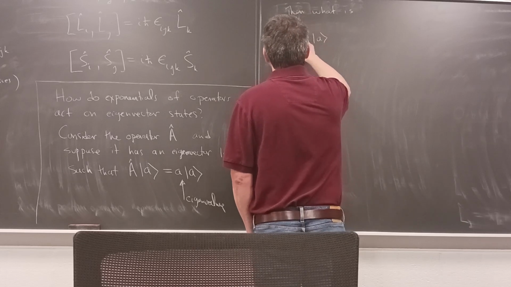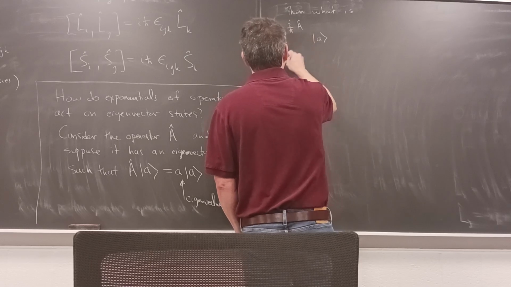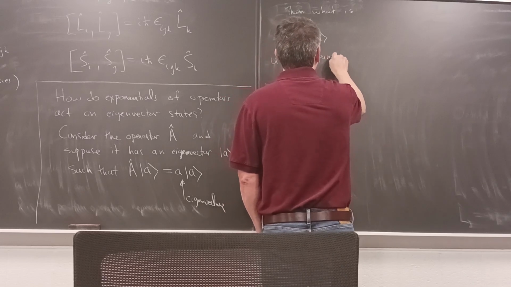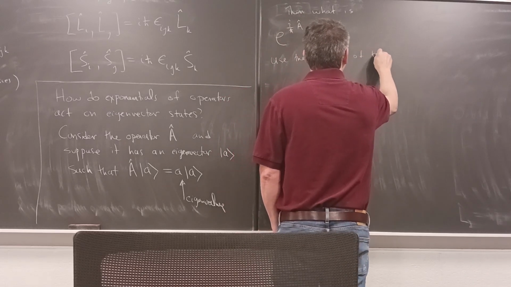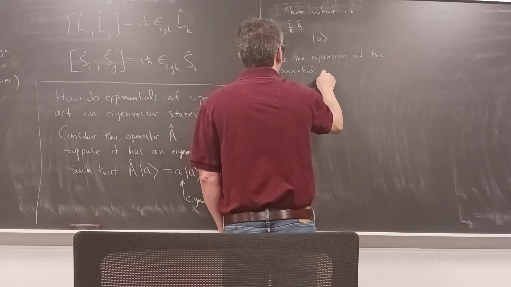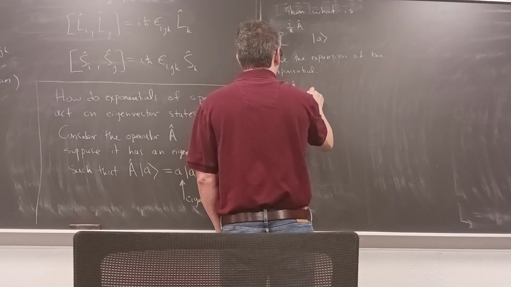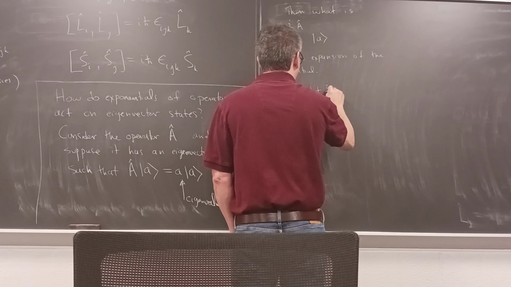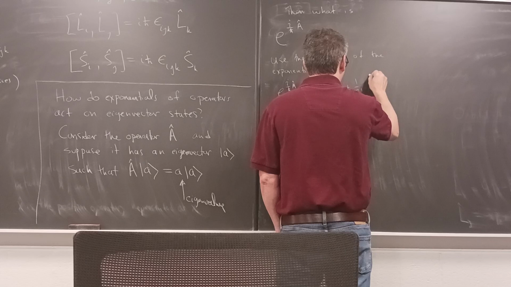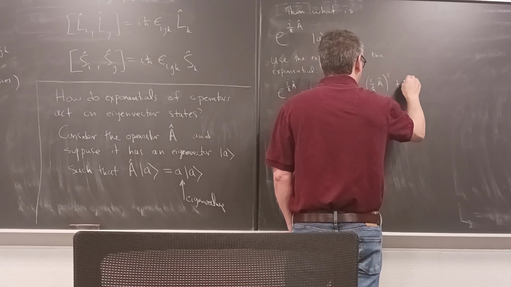Okay, the way to think about this is, again, just use the expansion of the exponential. So e to the i over h bar A will be 1 plus i over h bar A plus 1 over 2 factorial times i over h bar A squared, and so on.